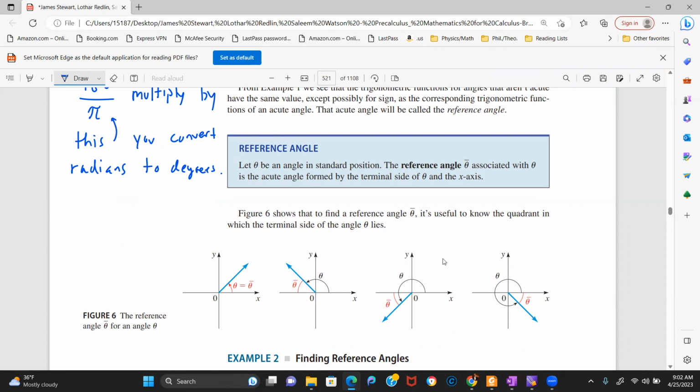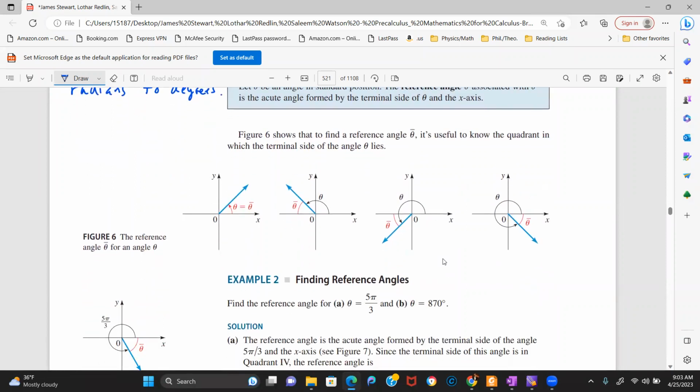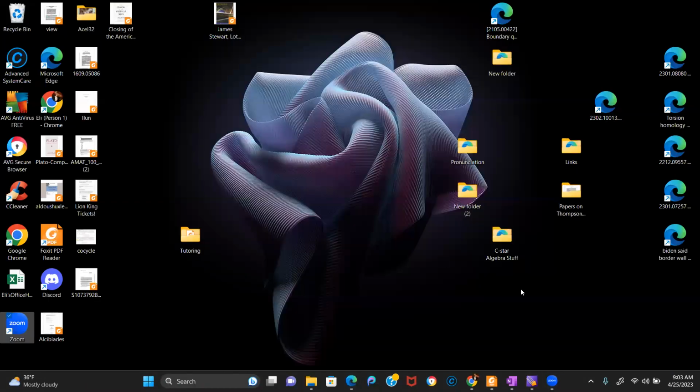Remember the T bar in chapter 5? It's basically the acute angle formed by the terminal side of theta and the x-axis. So in the second picture right here, you have the x-axis, you rotate through theta.